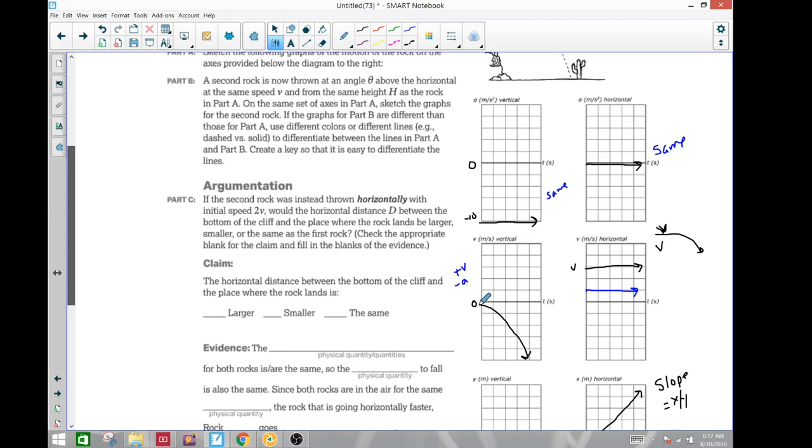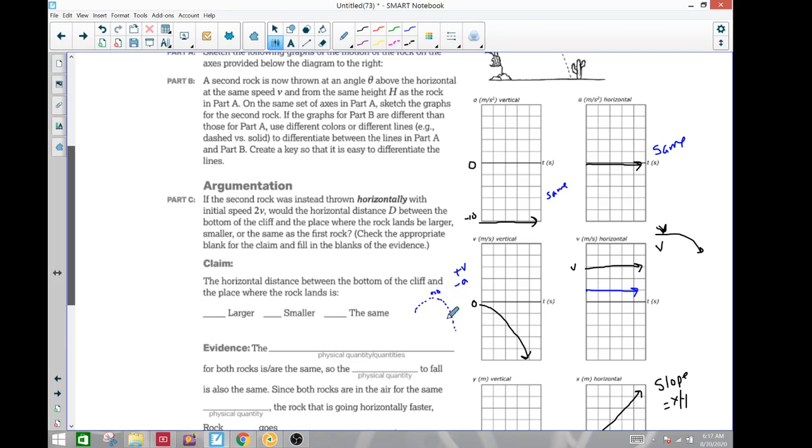It's going to have a positive velocity, and then it's going to go up. It's going to then stop. Velocity equals 0, and then it's going to start coming back down.